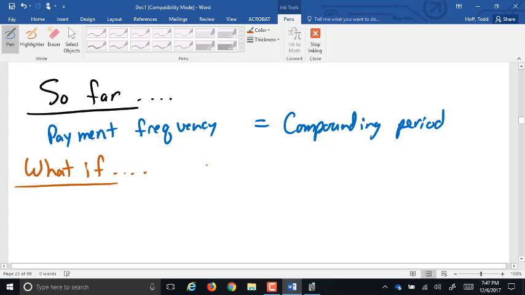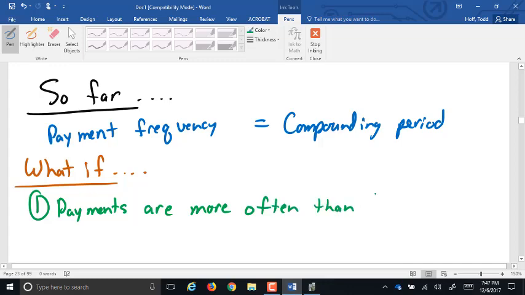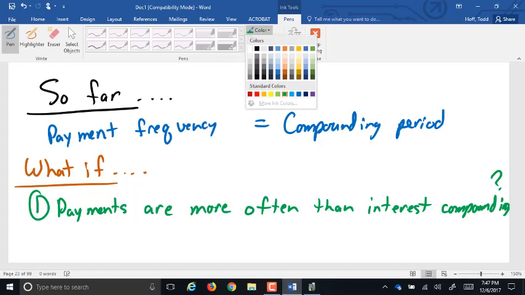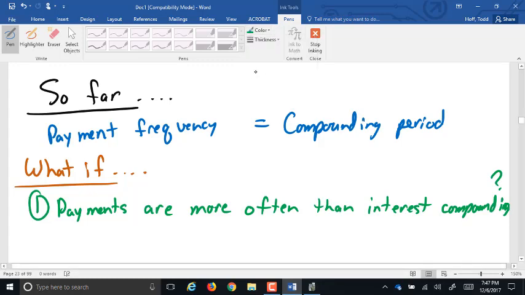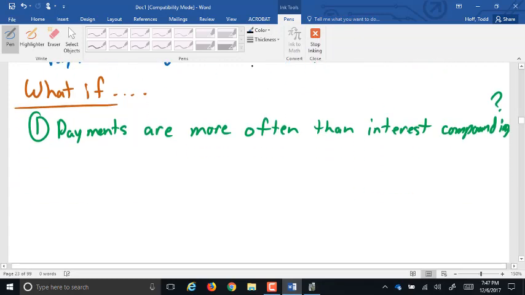What if, possibility 1, payments are more often than interest compounding? Go home and cry into your pillow, is that what you said? This is not a terrible situation.